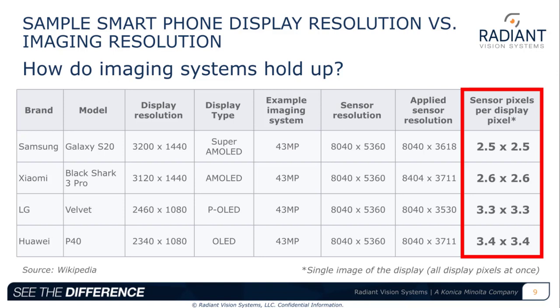And a high performance imaging measurement system may have 43 megapixels, 8000 by 5000 sensor resolution. If we do the math and take into account the aspect ratio of the display versus the aspect ratio of the sensor, etc., we can see that actually the sensor pixels per display pixels are not 10 across, but can be something like 2.5 across or 3.5 across.